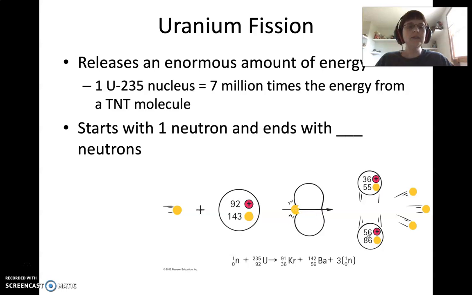So we get our uneven division, and we're going to release, if you count them up, 3 neutrons at the end of the fission of uranium-235. So we get 2 new elements, and we get 3 neutrons at the end of the reaction, as well as that huge burst of energy coming out of this reaction. Okay?